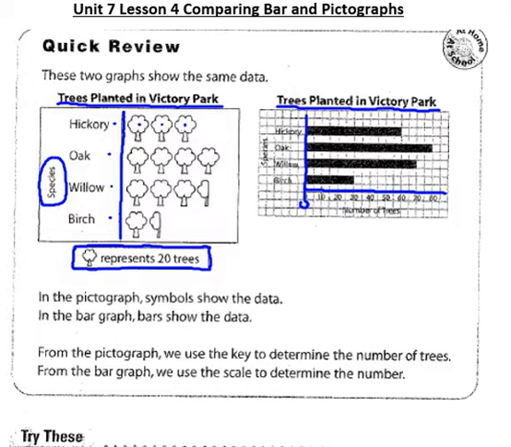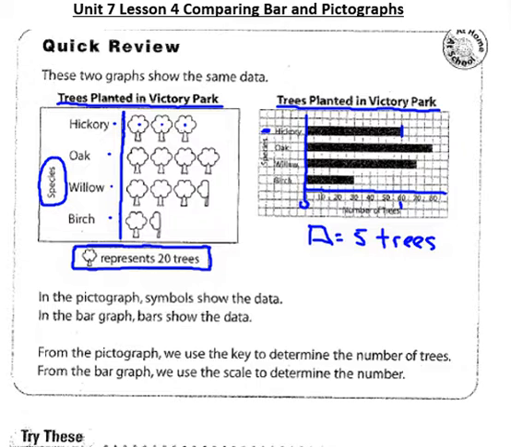So isn't our scale 1 square equals 5 trees? That's what it looks like to me. Okay, so we're kind of skip counting by 5s. So if I go to hickory right here, I can see that it's 60. This line ends up at 60.